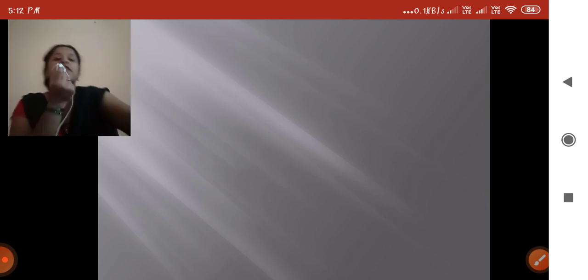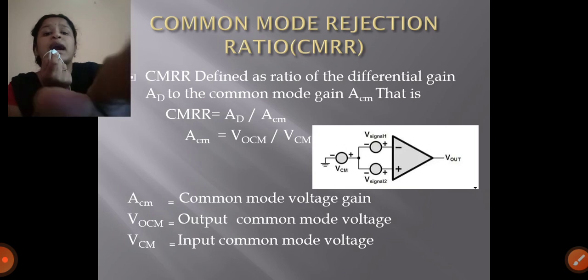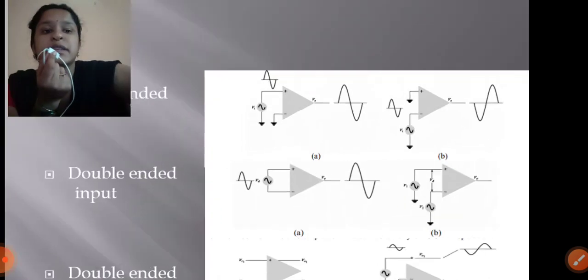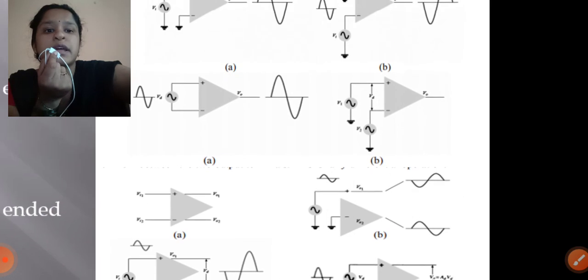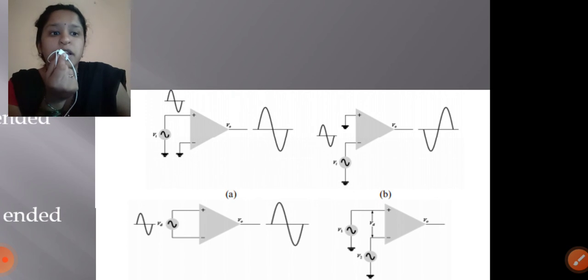In the same way, we can see it in the single-ended and double-ended circuit. Single-ended means this first circuit, if the inverting terminal is there, otherwise non-inverting. Here this is an inverting circuit, and this one is a non-inverting circuit.